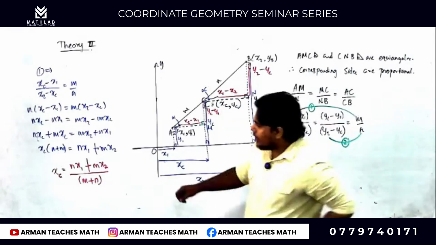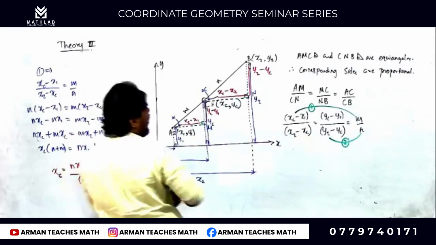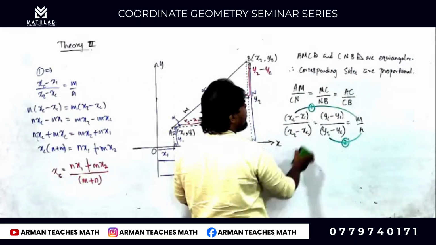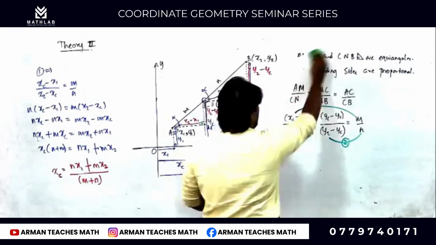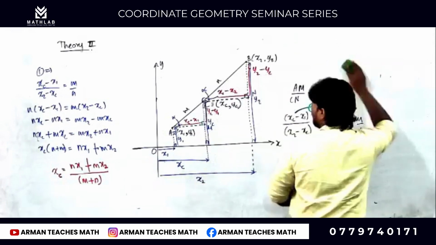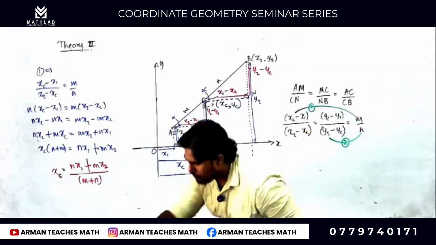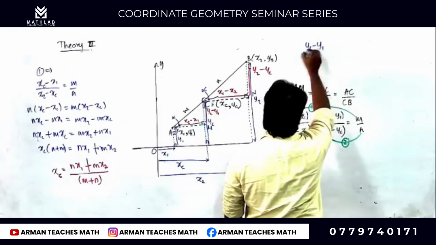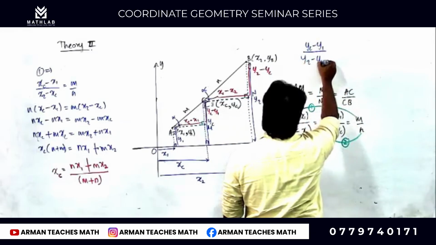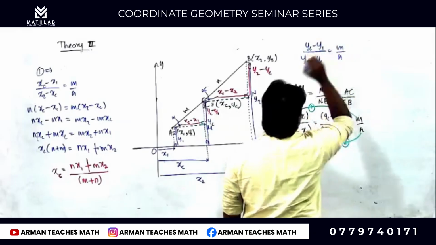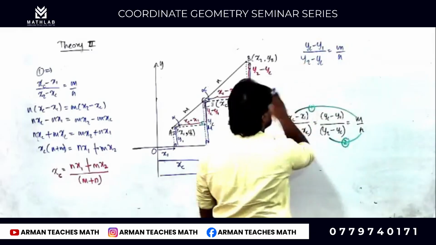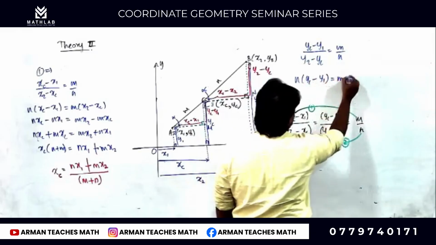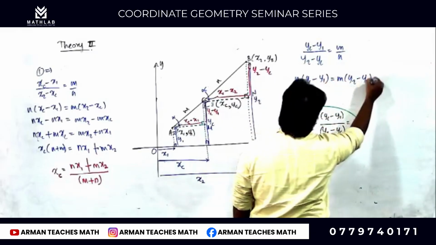Right. I will erase only this part. Since you have completed this, I'll erase this. So (yc minus y1) divided by (y2 minus yc) is the next part. (yc minus y1) over (y2 minus yc) is equals to m over n. Do a cross multiplication and see. n times (yc minus y1) is equals to m times (y2 minus yc).